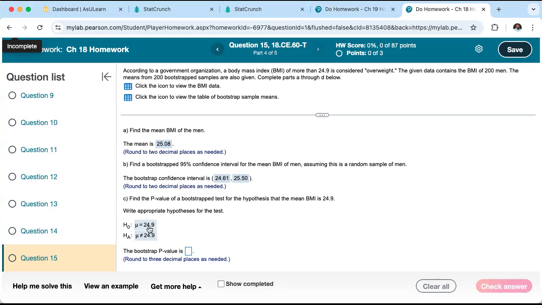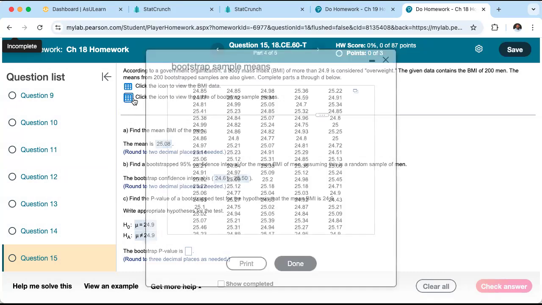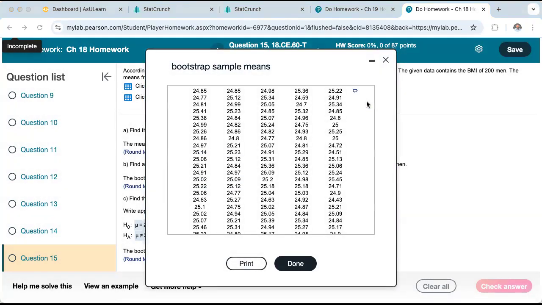To get the bootstrap p-value, let's click on the bootstrap sample mean here, open in StatCrunch. You see, we have something like this. Now let's go to data, compute, expression.